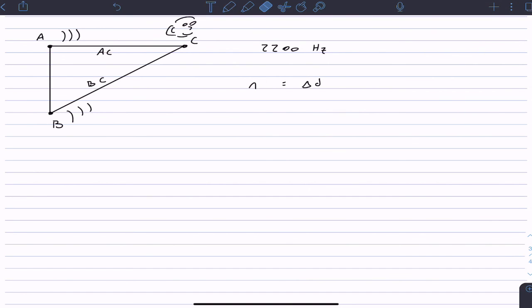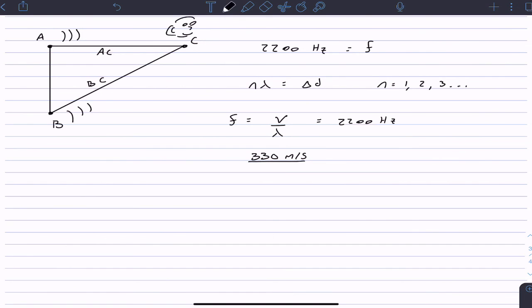So n lambda, of course, where n is any integer value, and then we have lambda, which we have to figure out. We're given a frequency f, right? And remember from last time, the speed over the wavelength is your frequency. So this is 2200 hertz. Now we can solve for the wavelength. The speed of sound is 330 meters per second.